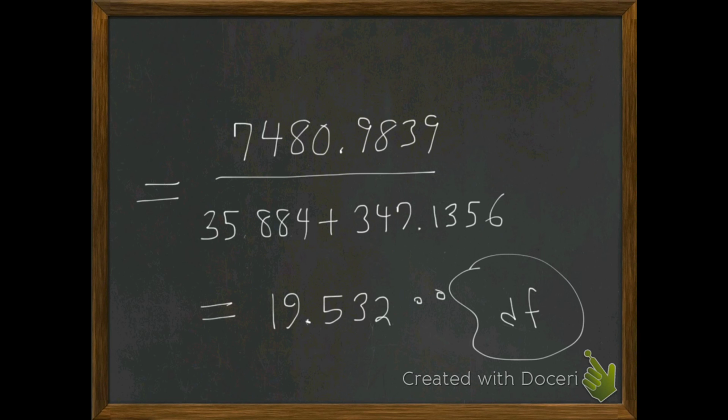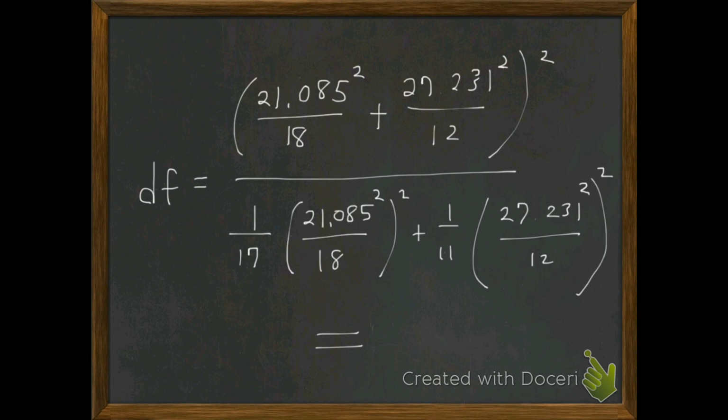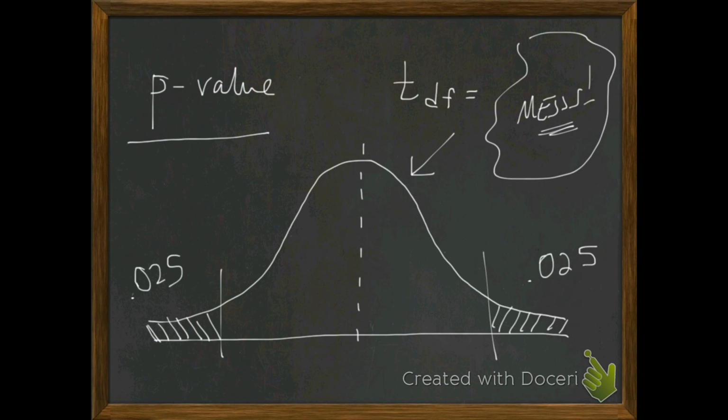So the underlying probability distribution that models this, the distribution of means for this situation, has degrees of freedom 19.532. So back to here, we can get rid of mess.